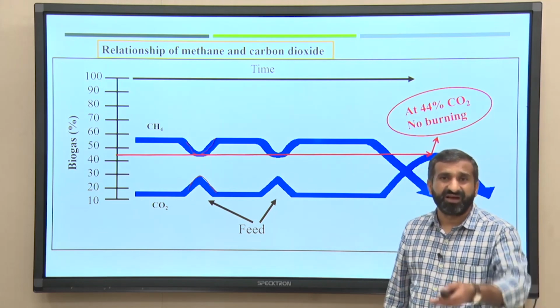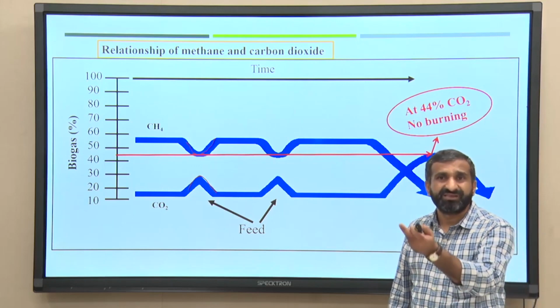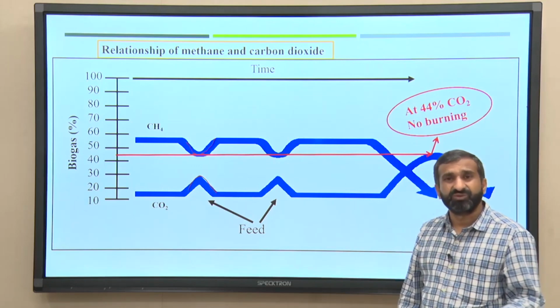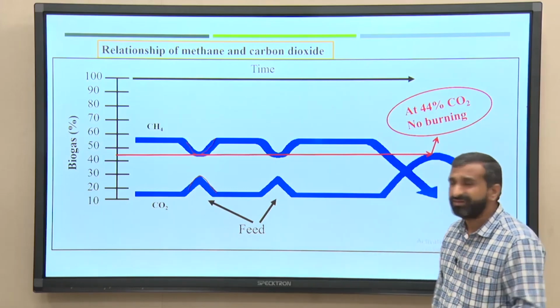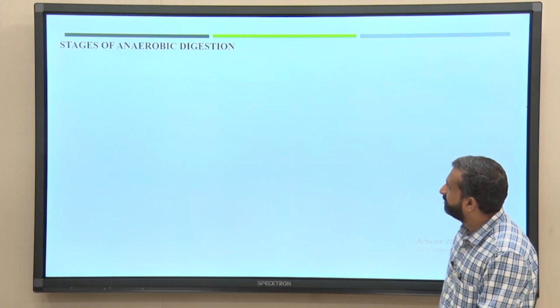Because of that the carbon dioxide percentage rose, and those reactors never came back to the same conditions.